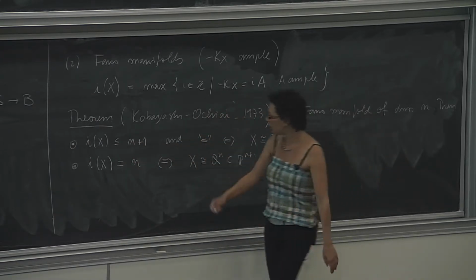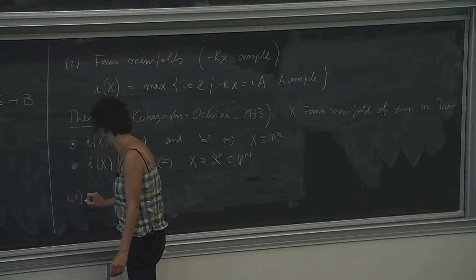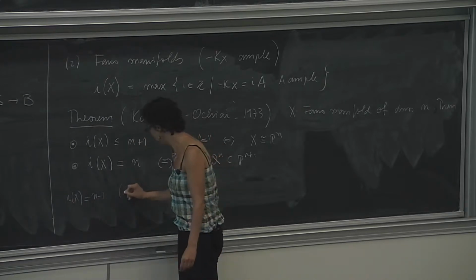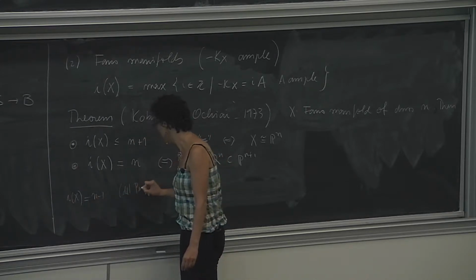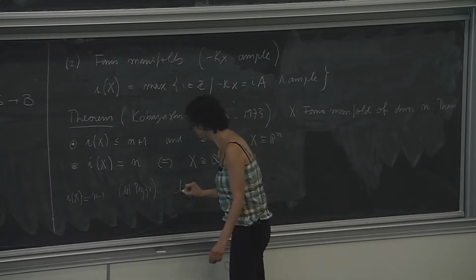Okay, so this story continues. If you look now at Fano manifolds with index n minus 1, these are called the del Pezzo manifolds, and they were classified by Fujita.